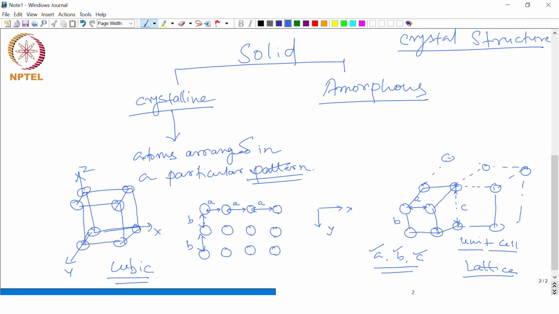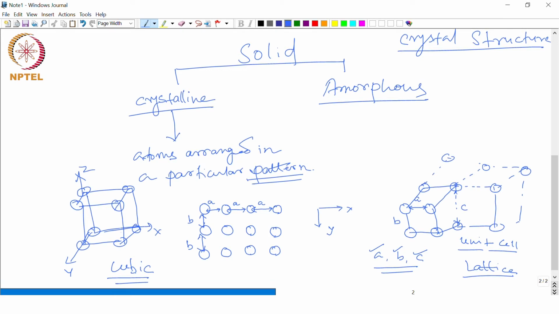Okay. So, like that metals can have other kind of crystal structure also. For example, they can also be hexagonal. So, in each of these kind of structure, the atoms are arranged in a particular pattern or in a particular order.